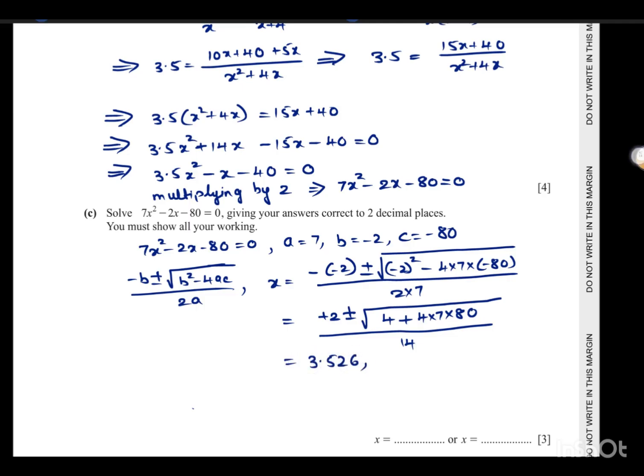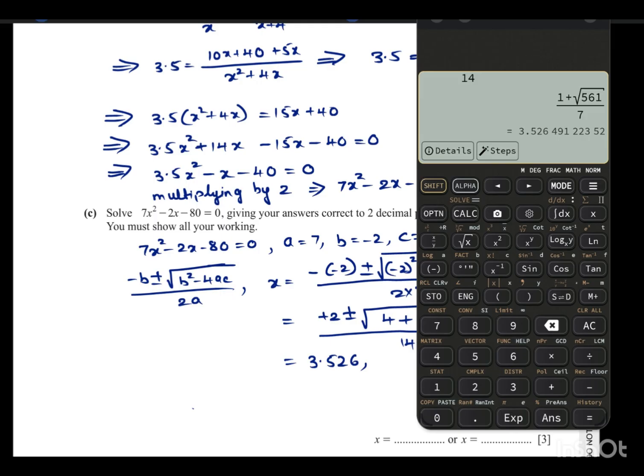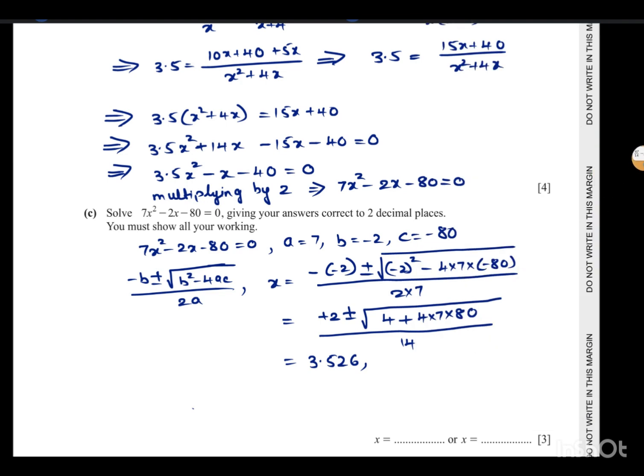Later we will round it to two decimal places. Then change the sign here. You'll get the answer again, minus 3.240. These are the values of x we got.